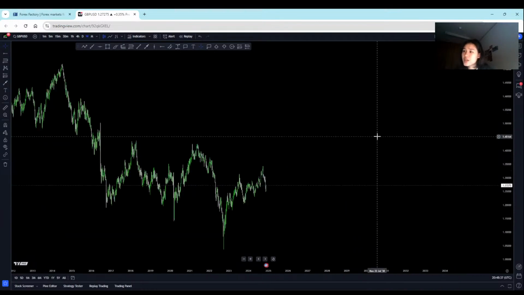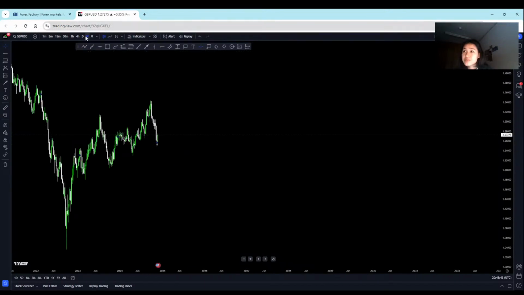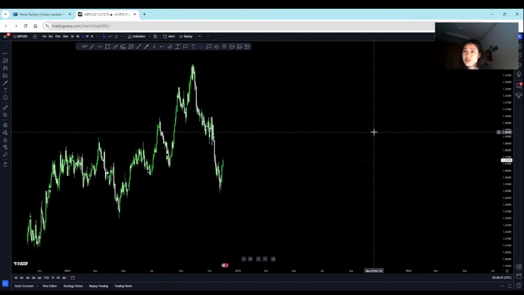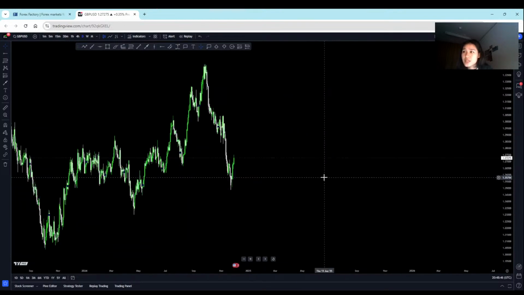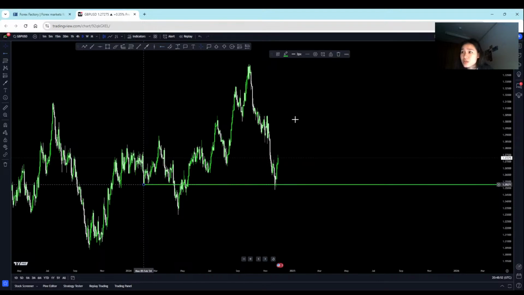So on a weekly time frame, we have prices moving in a downtrend, although there's been a recent reversal slightly. So again, I'll place my first support here.